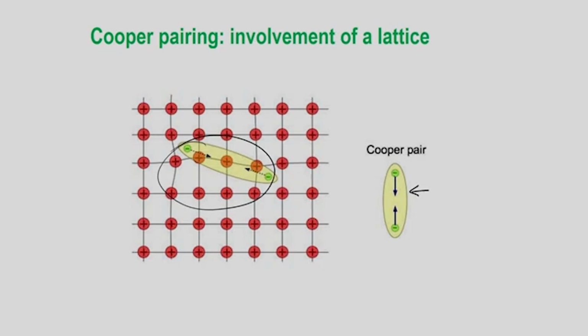Both are electrons, which is why within the green circle you see a negative sign, and they are oppositely directed, which means one is an up spin and the other is a down spin, and they form a bound pair. In momentum space, the bound pair is formed between k up and minus k down.